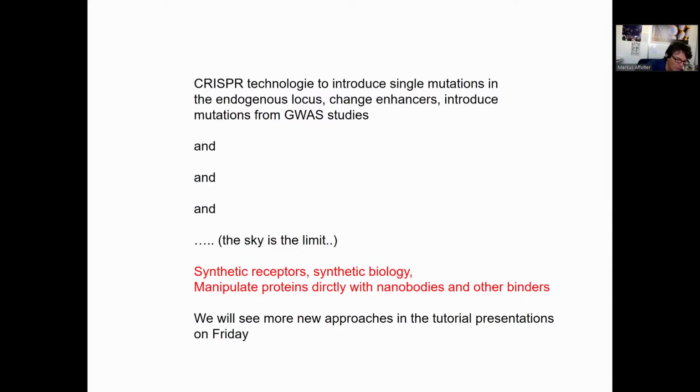It took a lot of time to do the first experiments to see how well it works. Proteins can be manipulated directly now, and this is a field that is emerging. So a lot of things also emerge. And you will see more tomorrow about new methods, also about new tools and new approaches, and how proteins of medical importance can be studied in flies. You will see some of these in the tutorial tomorrow.